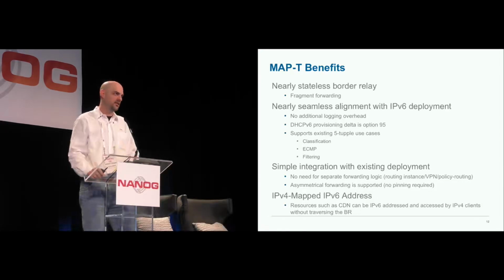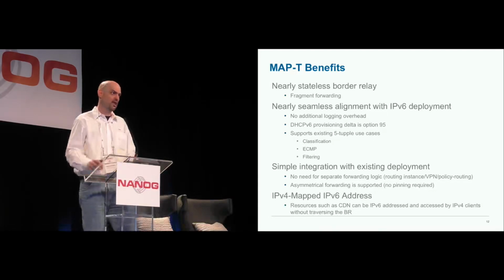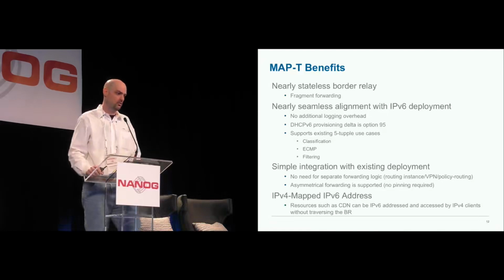We really like this technology because it aligns really cleanly with our existing IPv6 deployment. There's no additional logging overhead. We're already doing DHCPv6 lease notification logging, and this is for regulatory reasons. And combined with some of the algorithms, MAP-T is algorithmic based.